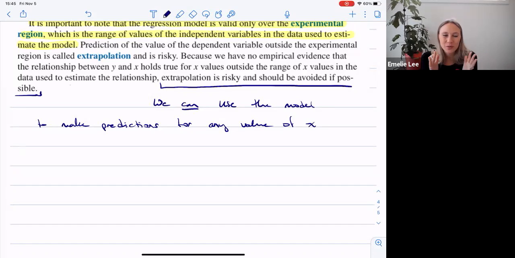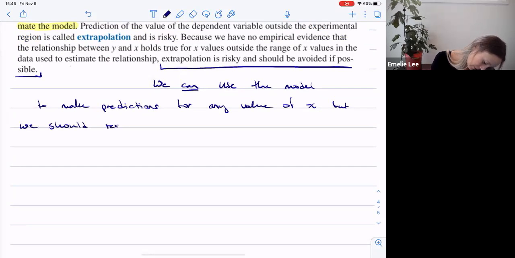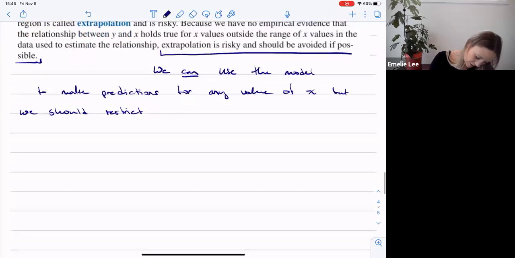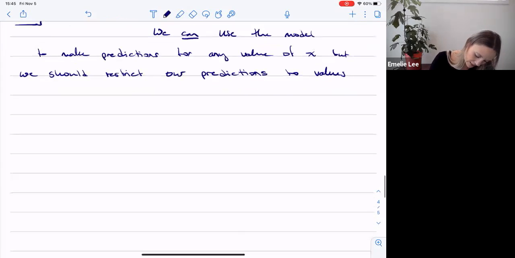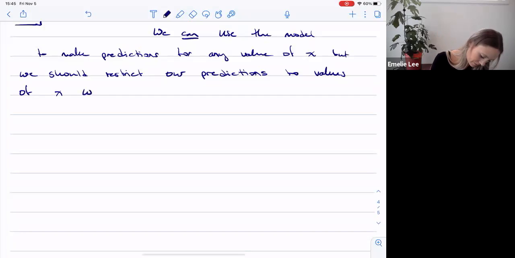But we should try to restrict it, or restrict our predictions, to values of x within the range of the x values in our sample.